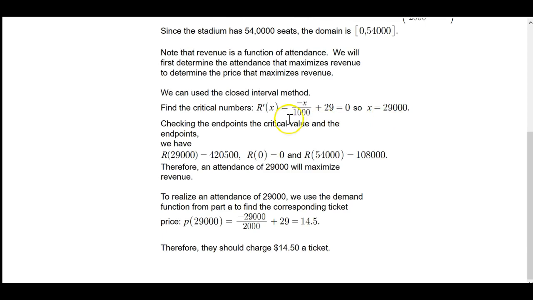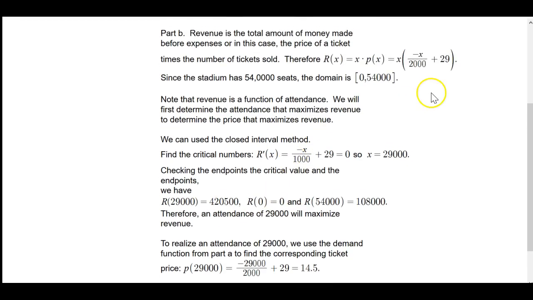When we evaluate the revenue function at 29,000, we get 420,500. At 0, we get 0. And at 54,000, which is the right end of our interval, we get 108,000.